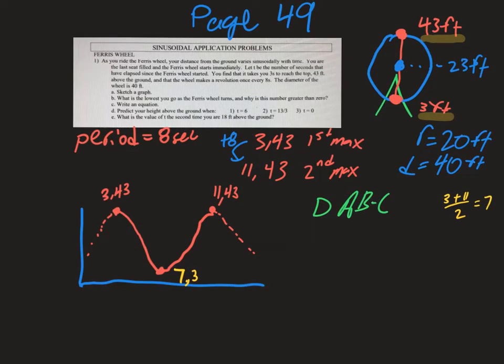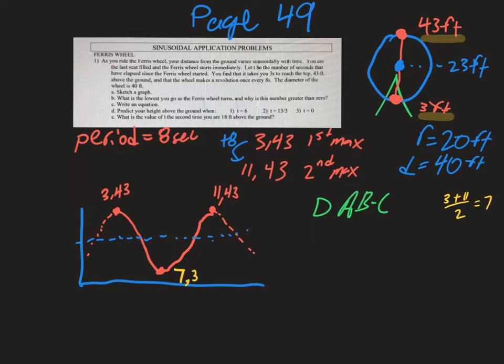So the first thing we need to figure out is the D value. And D is going to be our line through the middle, right? That height right there. And we could calculate it out mathematically.